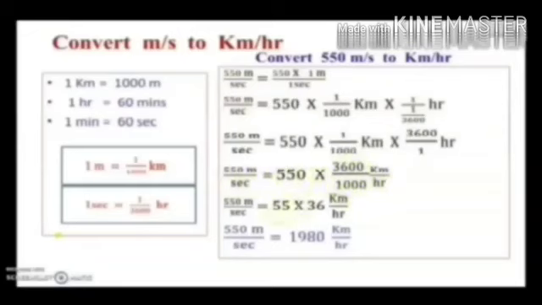We have 55 times 36 kilometer per hour. 55 times 36 is 1980. Hence, 550 meter per second is equal to 1980 kilometer per hour.